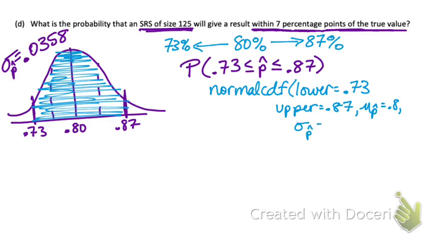The standard deviation of the p-hat distribution is 0.0358. And the answer is 0.9495, which is so close to 95%. It's almost like this whole year is coming together.